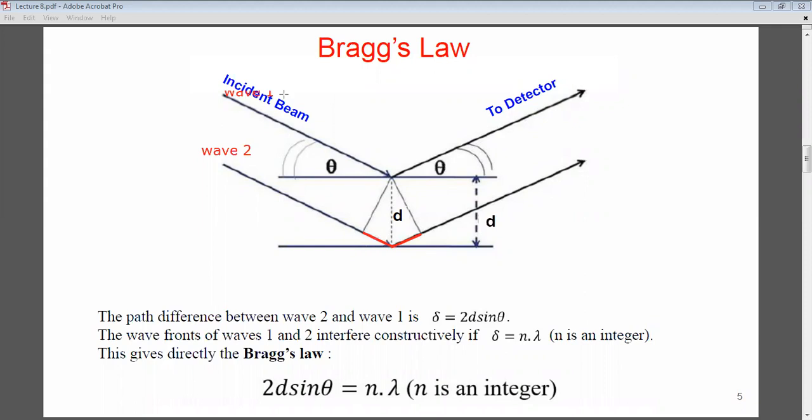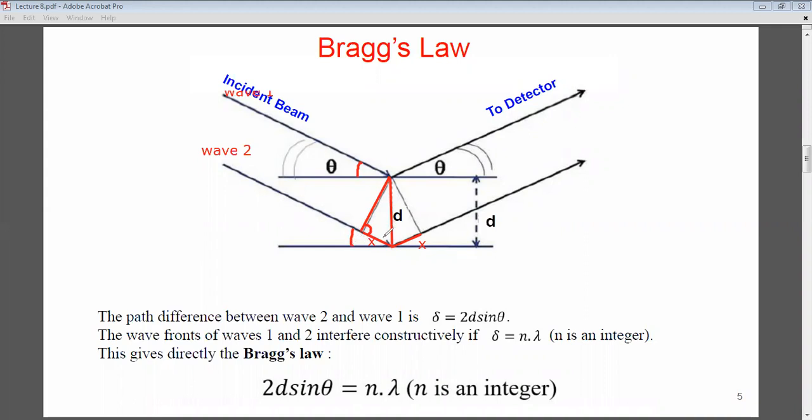How much is that? Now look at this triangle. So this is the distance I'm interested in. I'm going to call it x, okay? Now look at this triangle. This triangle is right over here. Okay, now this is theta, and this line is parallel to this line, so this is theta.